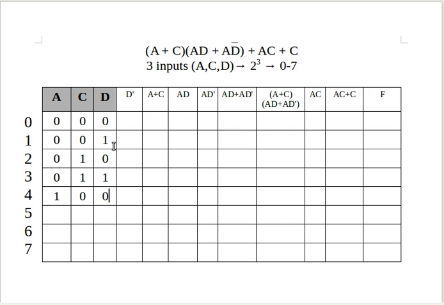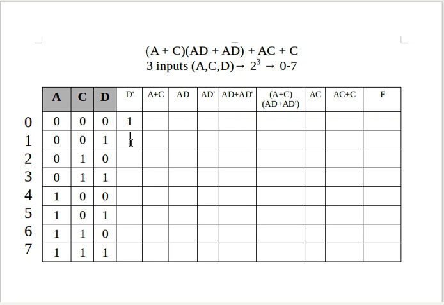And if you know why this is 1, 2 to the power 0. This is 2 to the power 1. 2 to the power 0 plus 2 to the power 1. 2 to the power 2. And this is going to be 2 to the power 2 plus 2 to the power 0, which is going to be 5, 6, and 0, and here I'm going to have 7. Now I'm going to find D prime.